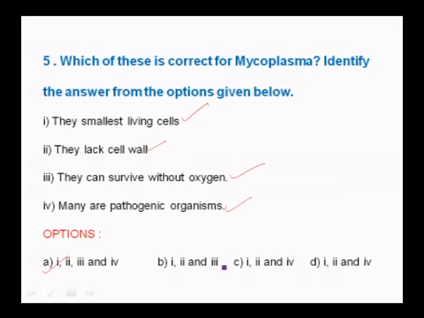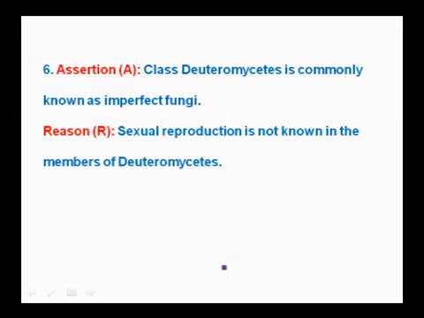So now let's see the next question. The sixth question is an assertion followed by a reason. Assertion: Class Deuteromycetes is commonly known as imperfect fungi. Reason: Sexual reproduction is not known in the members of Deuteromycetes.